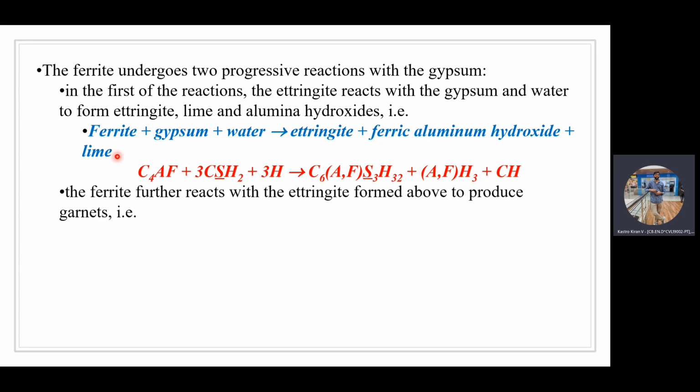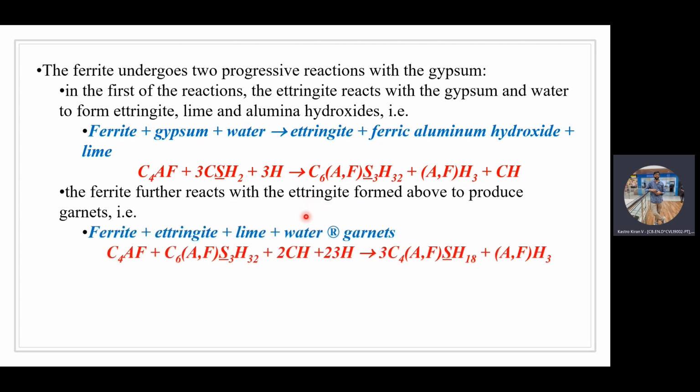In the next phase, the ferrite compound that is formed in the first phase reacts with the ettringite, and it forms another compound called garnets.